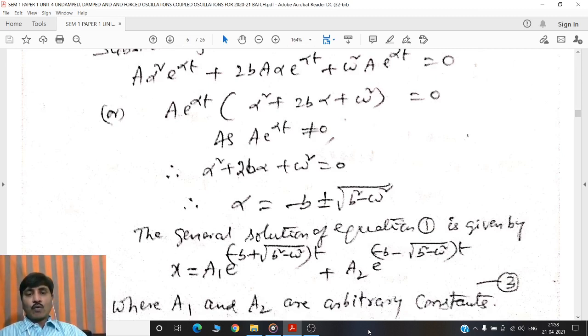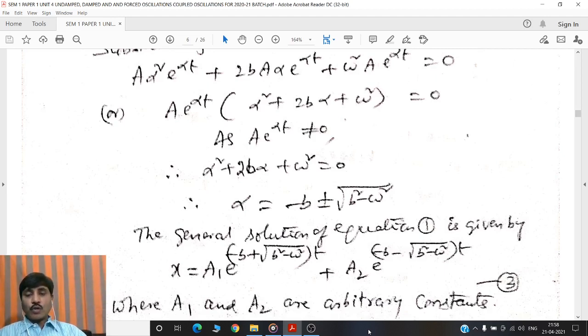This is a quadratic equation. The solution of this equation can be expressed as alpha equals minus b plus or minus square root of b square minus omega square. That means alpha has two values. Therefore, the differential equation has two solutions. The two solutions are x equals A into e to the power of minus b plus square root of b square minus omega square into t, and x equals A into e to the power of minus b minus square root of b square minus omega square into t.